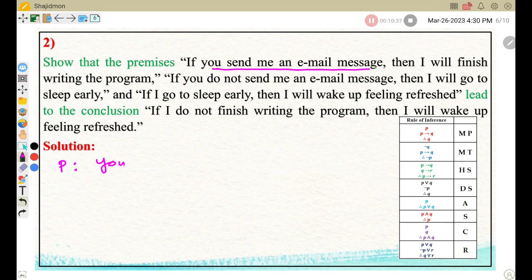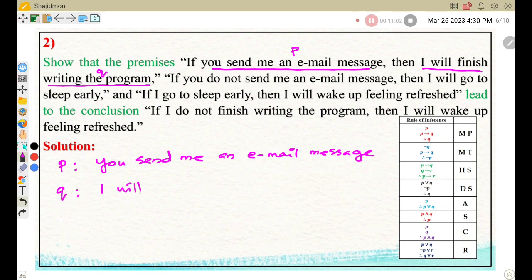So "you send me an email message" we take as P. Then "I will finish writing the program" we take as Q. Then "if you do not send me an email message" is the negation of P, correct?